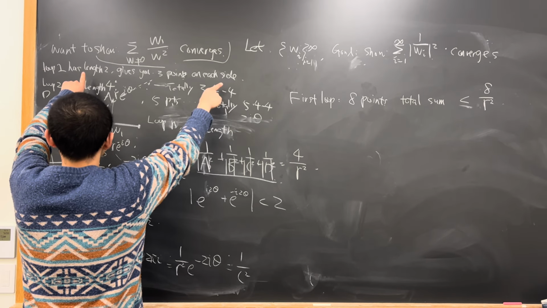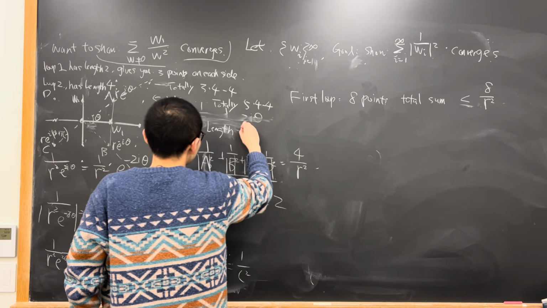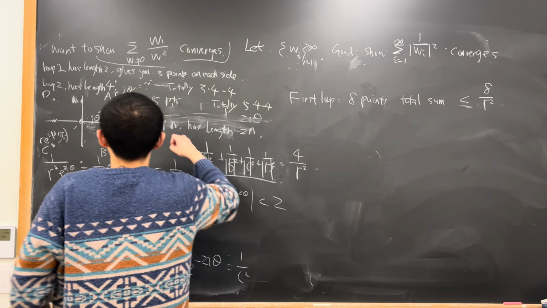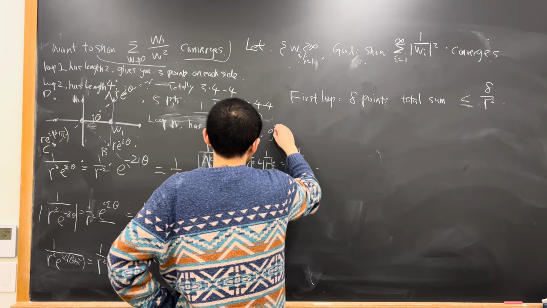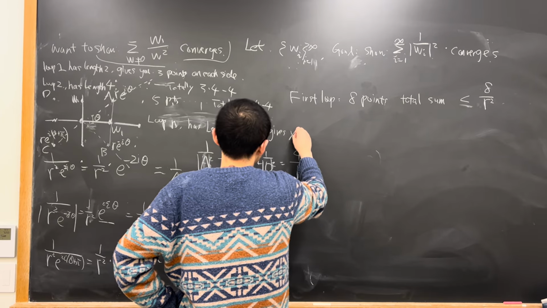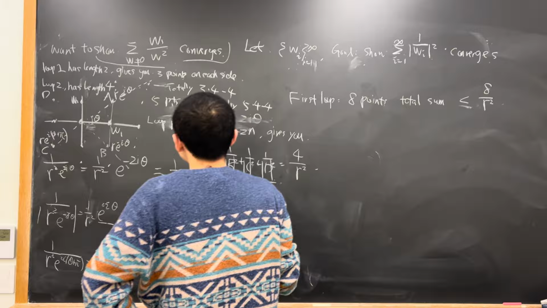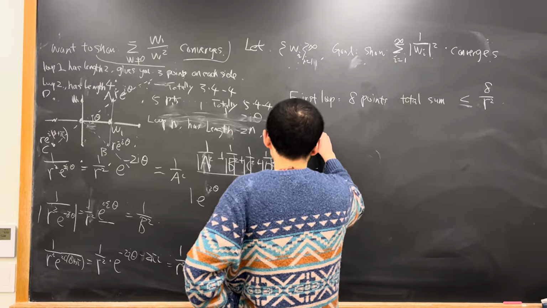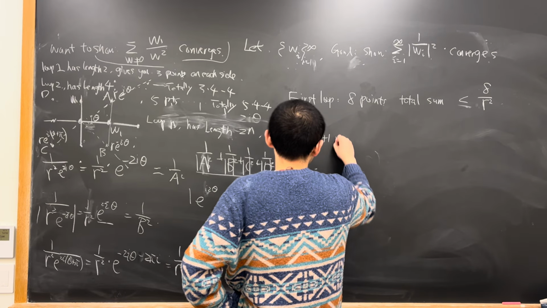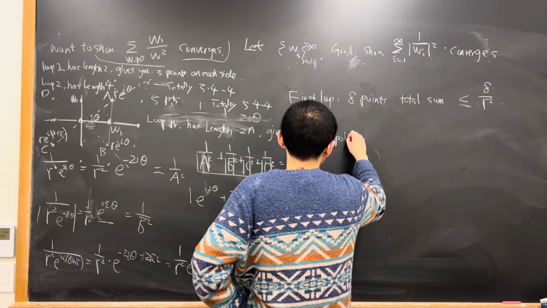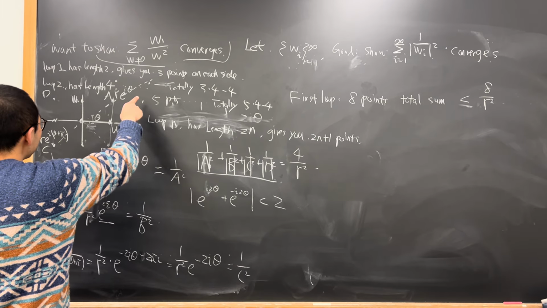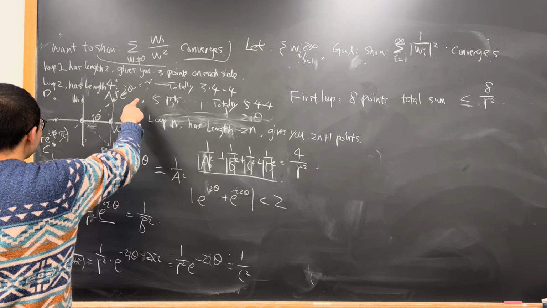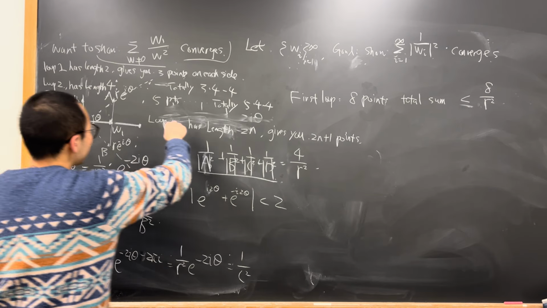So the length is like double, right? Has length 2n. And then gives you which points? 2n plus 1 points, right?